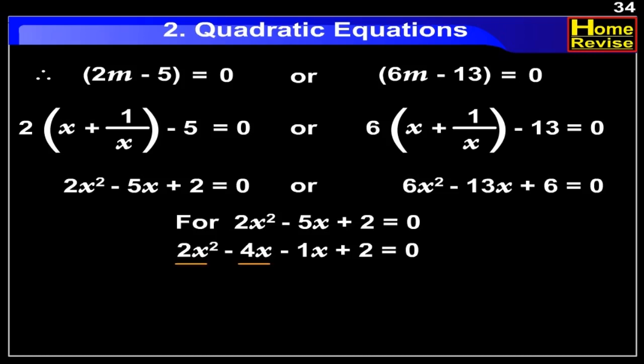Taking out 2x common from the first two terms, we have 2x(x − 2), and taking out −1 common from the next two terms, we have −1(x − 2) = 0.